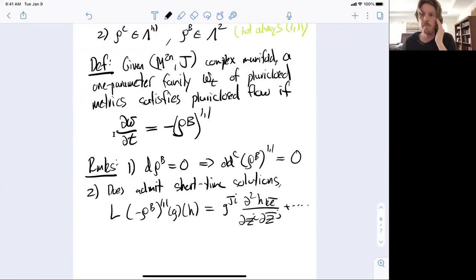Yeah, like a map from 1-1 tensors to 1-1 tensors that takes a metric to the Bismuth 1-1. And this is the expression you wrote out as the first part in the Taylor expansion of G plus tH? Yeah, exactly.